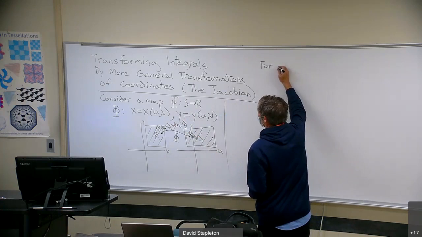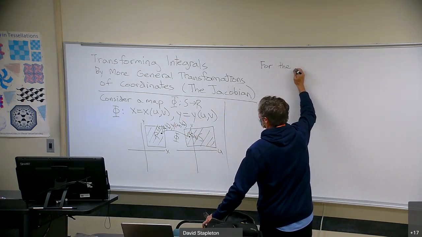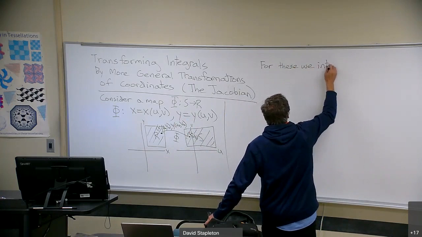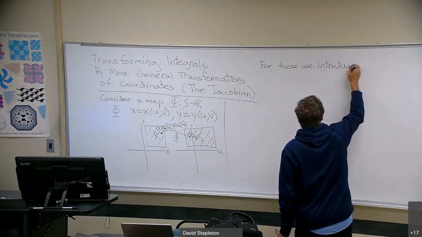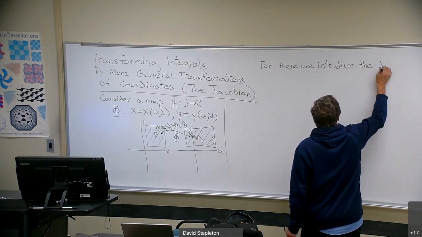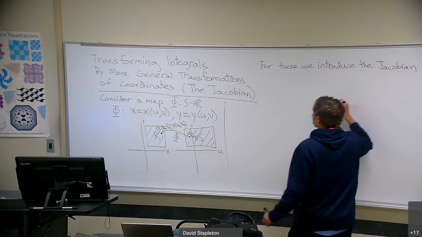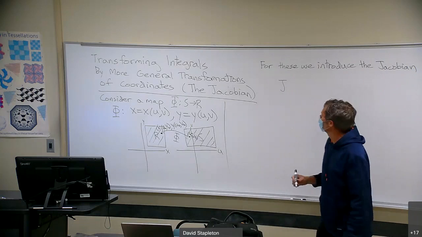For these, we need to introduce, and after Jacobi, the Jacobian, which we sometimes denote J. That's a nice short letter for it.